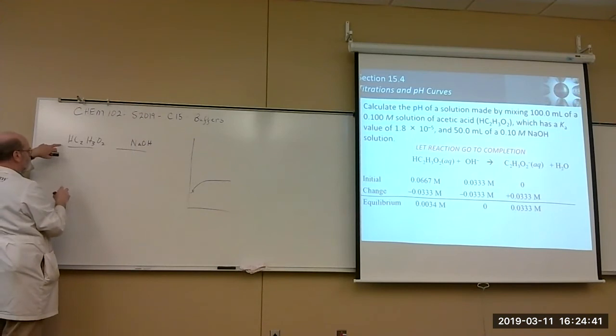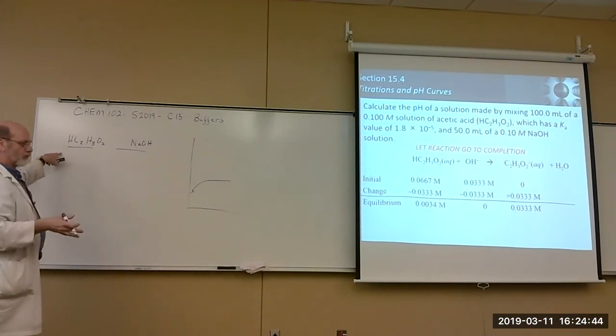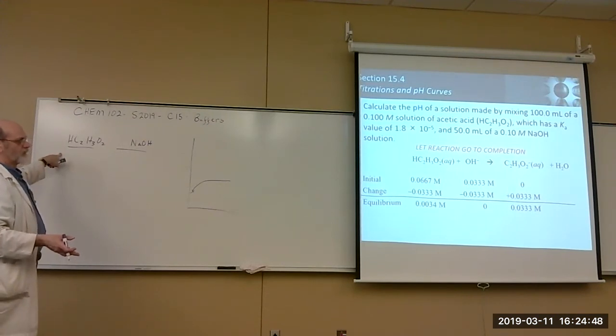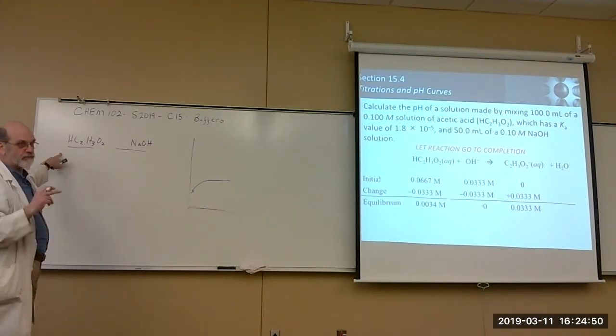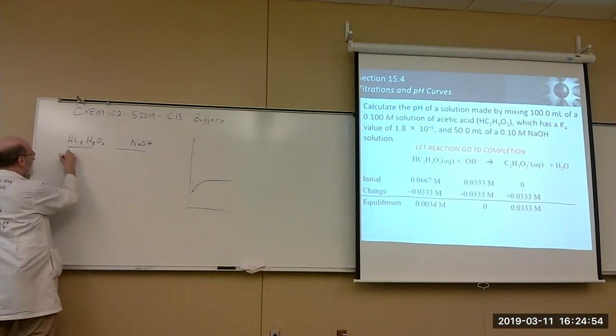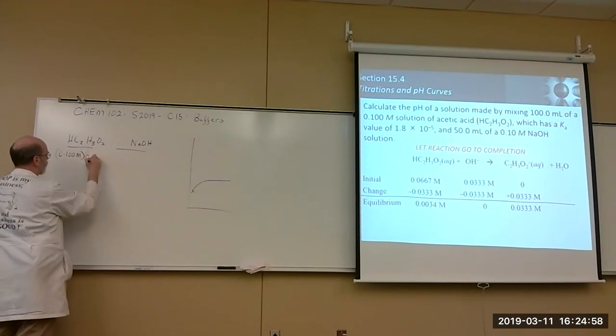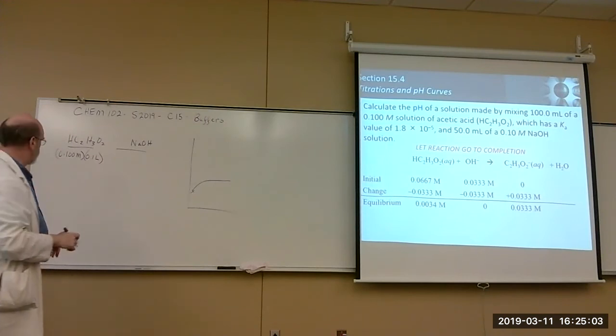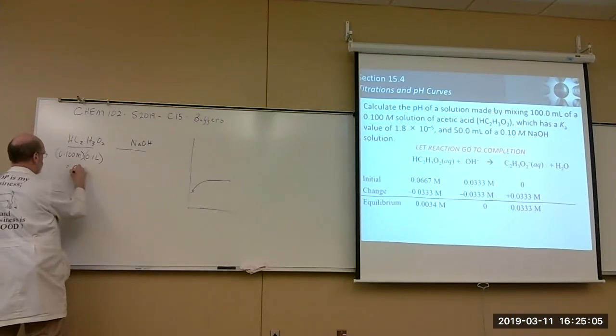So the concentration of this one is going to be so many moles divided by the total volume. Right? So if we have 100 milliliters, that's 0.1 liter. So 0.1 molar times 0.1 liters, that's right, equals 0.01 moles.